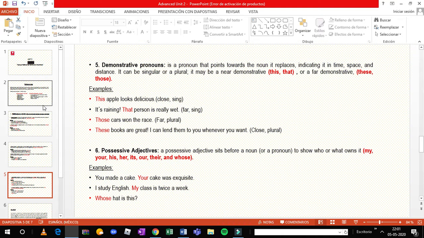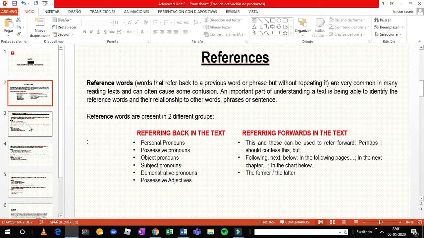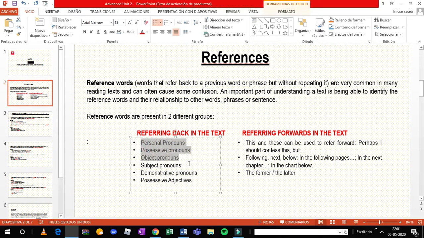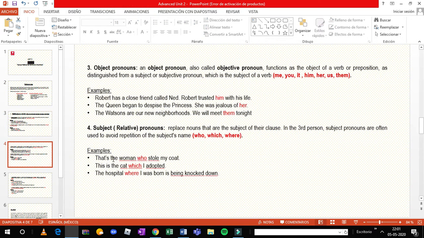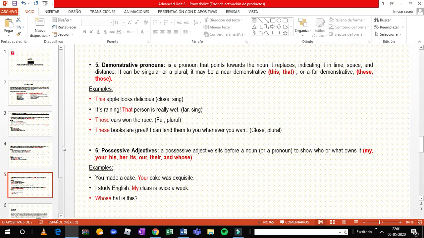Yo estoy segura que lo tienen que haber visto, ¿cierto? Al menos estos grupos de palabras en su momento en el colegio, o a lo mejor cuando empezaron con sus clases en la universidad.